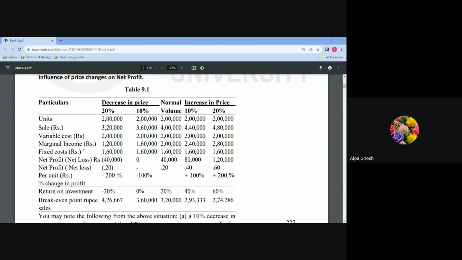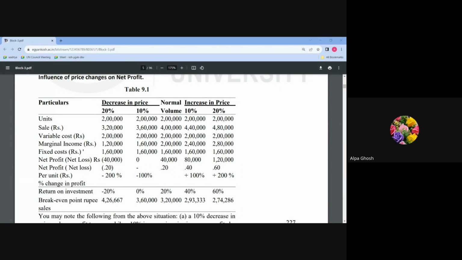Net profit in the first case, when it is a 20% decrease and 10% decrease, you see there was loss of 40,000, and in the second case it was no profit, no loss. It was break even. But as we increase the price by 10%, from 0 to 80,000, you can earn profit.